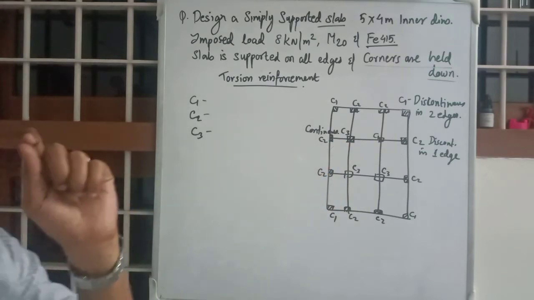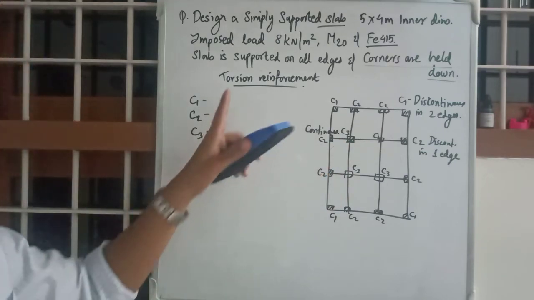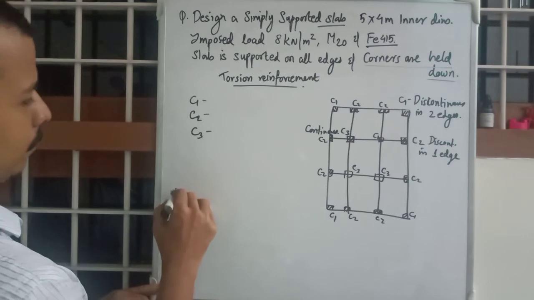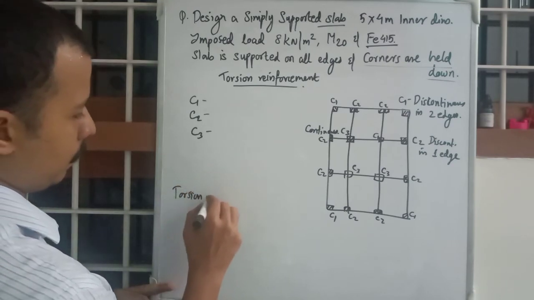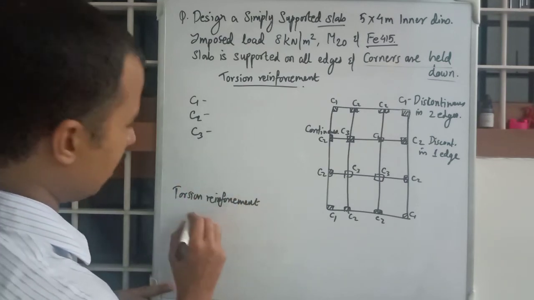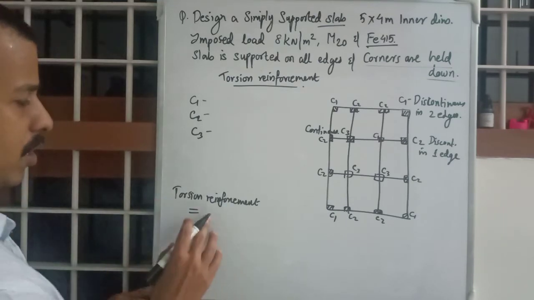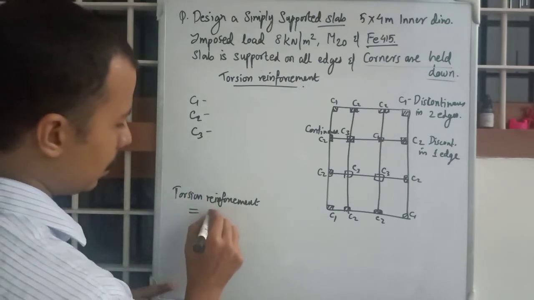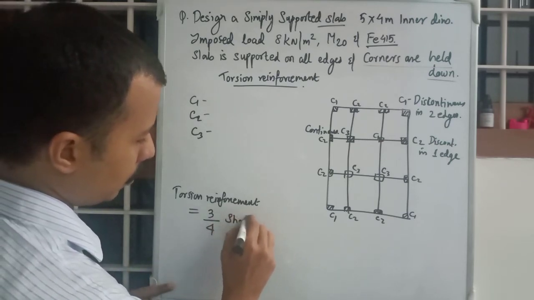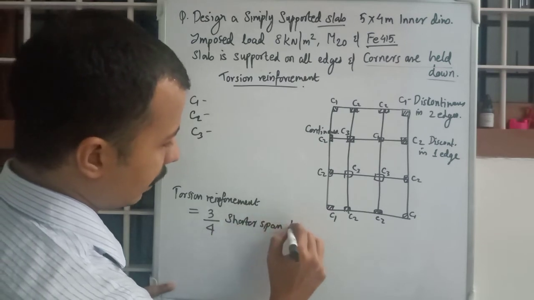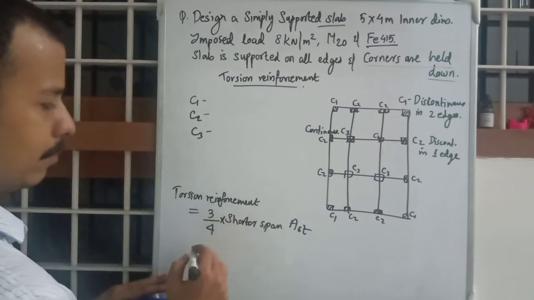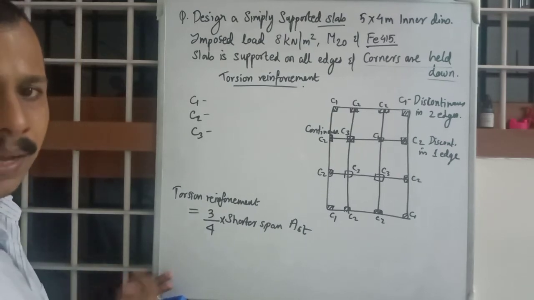Okay, so in any case we will be having a torsional reinforcement, and torsional reinforcement will always be equal to 3/4 into shorter span AST, that means ASTX, the maximum value.